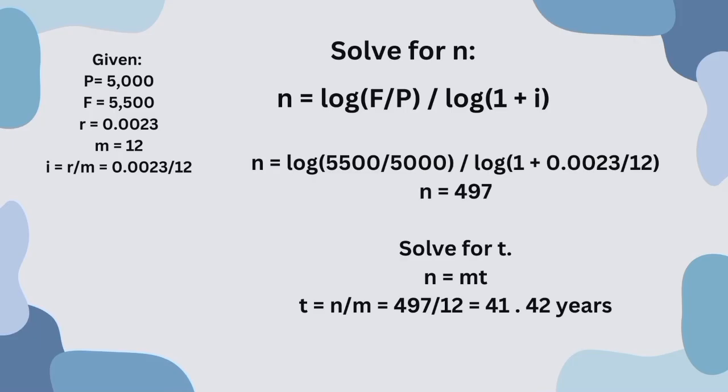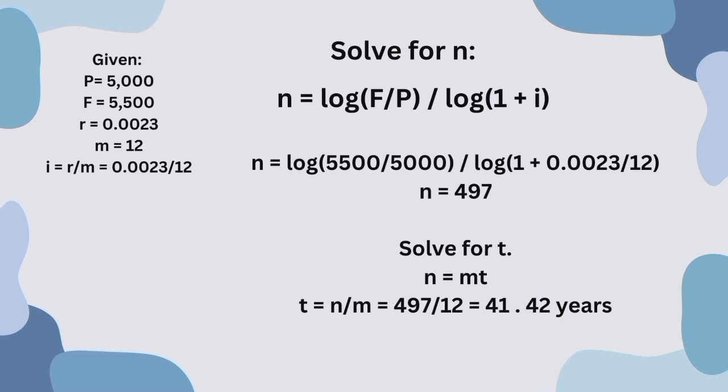So our R is 0.0023 and our M is 12 because it is compounded monthly. Our interest is equal to R over M, so 0.0023 over 12.